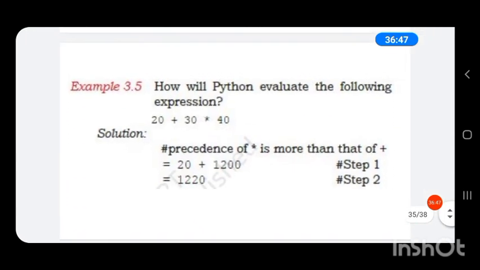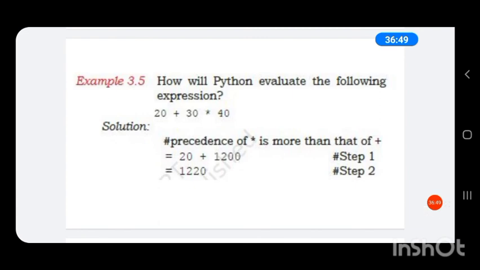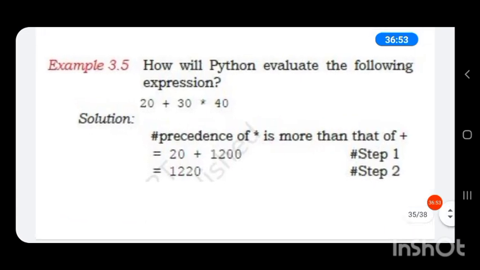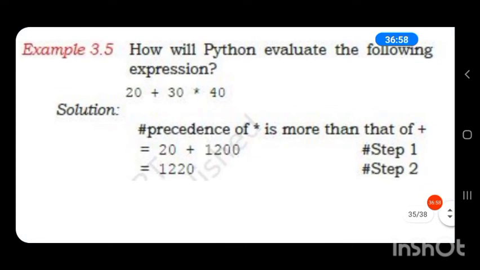So let us see how Python will evaluate the following expression. We have 20 plus 30 into 40. Here two operators are there, plus and star. Which one has higher priority? Which operation should be done first? Star has higher priority.